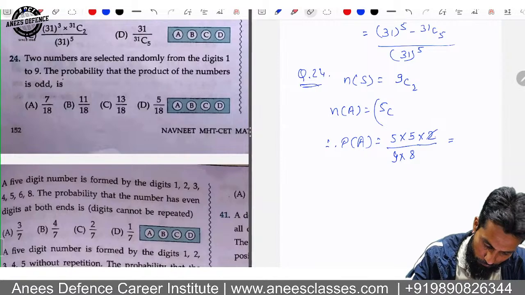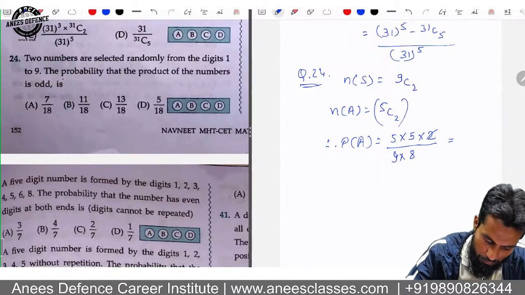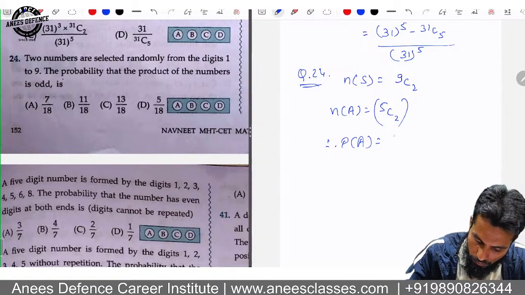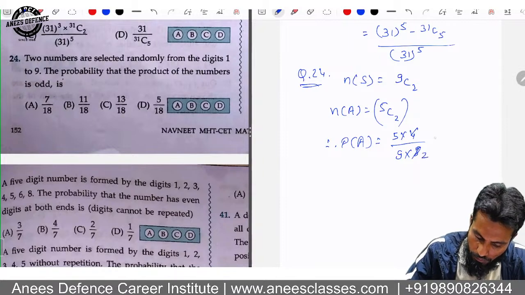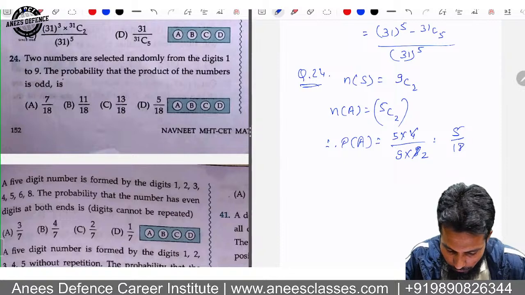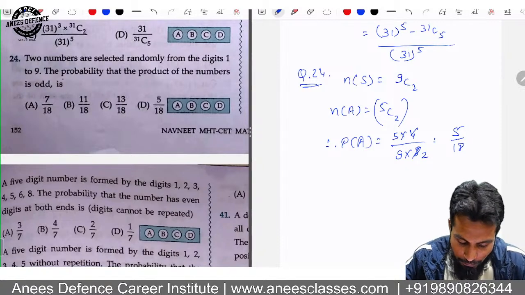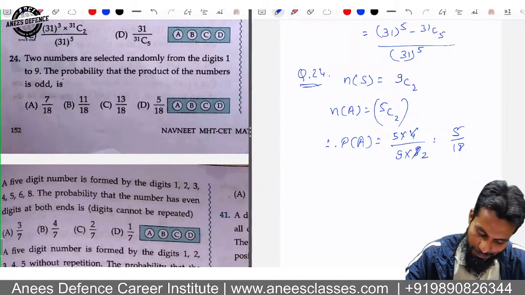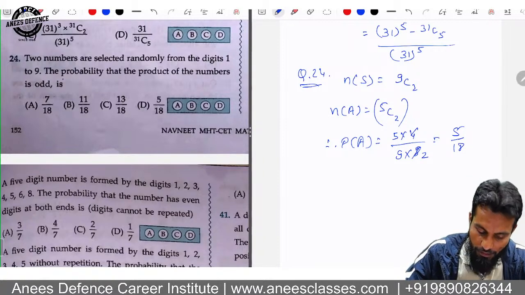You select two numbers from there, 5C2 directly. That will give you the answer. So 5C2 can be written as 5 into 4 over 2. That 2 and that 2 will cancel each other. Sample space value 9 into 8. With this 4 you can cut 2 times. So 5 upon 18. Yes, we have different answers now. 5C1 into 5C1 is not equal to 5C2. Understand it well. Both are different.